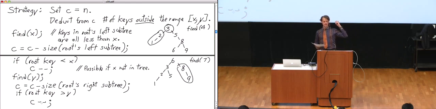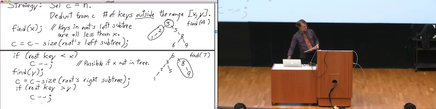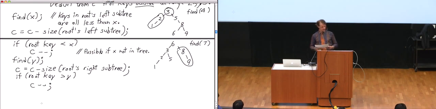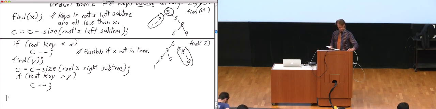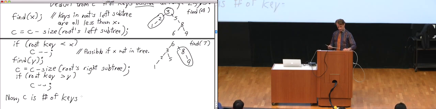But for this example, it's not. So once you've done that, C is the number that we're looking for, the number of keys in the range from x to y, inclusive.